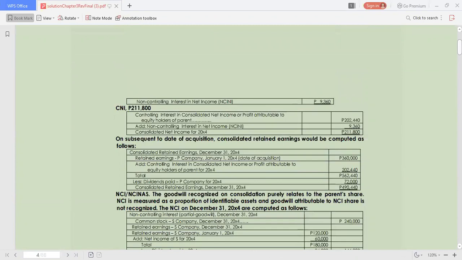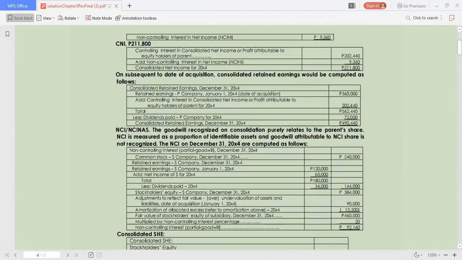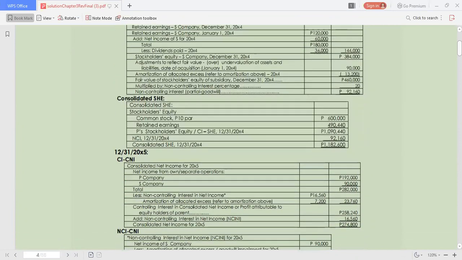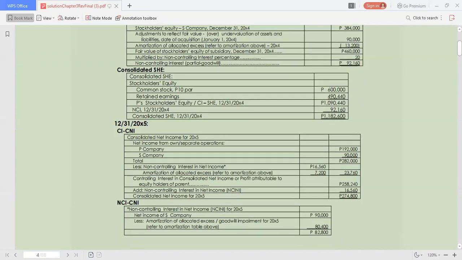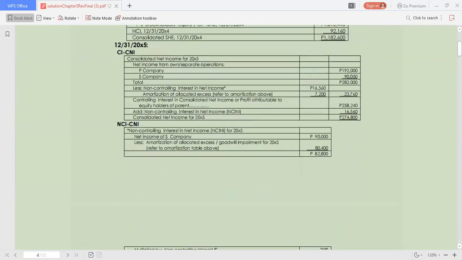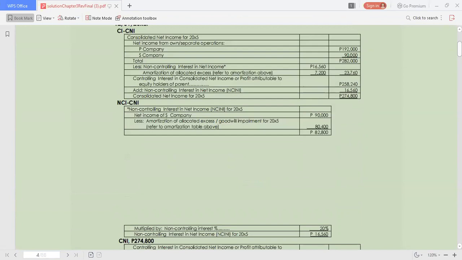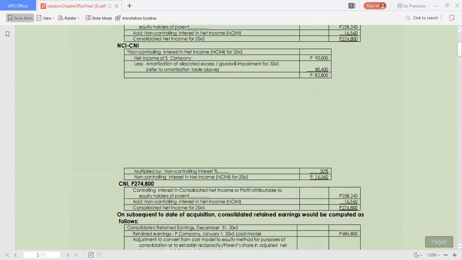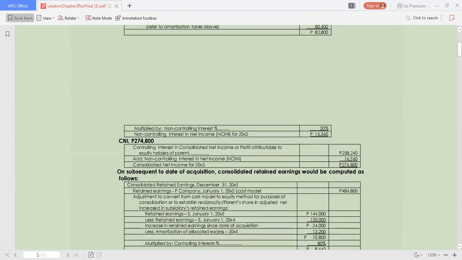So we have now 80,400 and finally we have the amount of 82,800. That's multiplying it by 20%, the non-controlling interest net income of 16,560. Then we are now adding the controlling interest, giving us the consolidated net income.